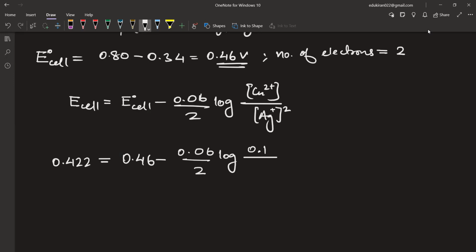And this you have to find. So you will write x squared for Ag plus, you have to find x. Okay, all of you please write till here.